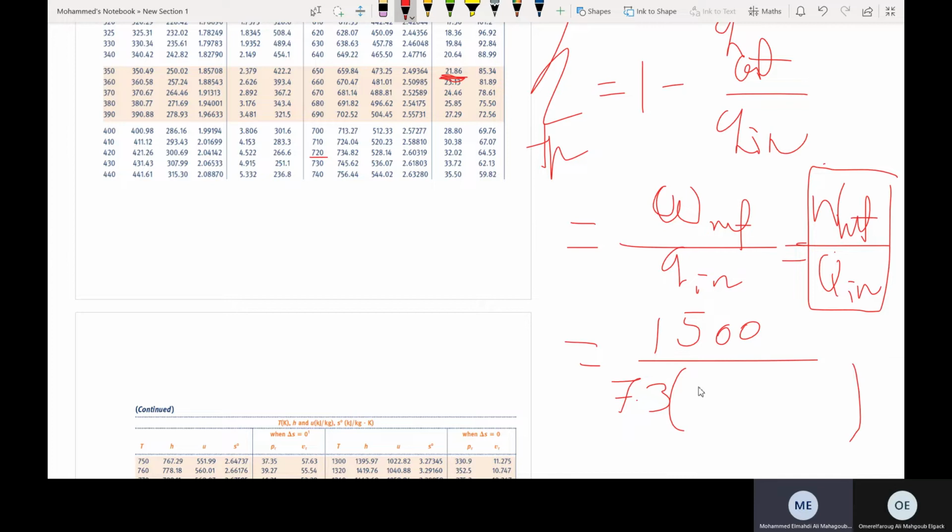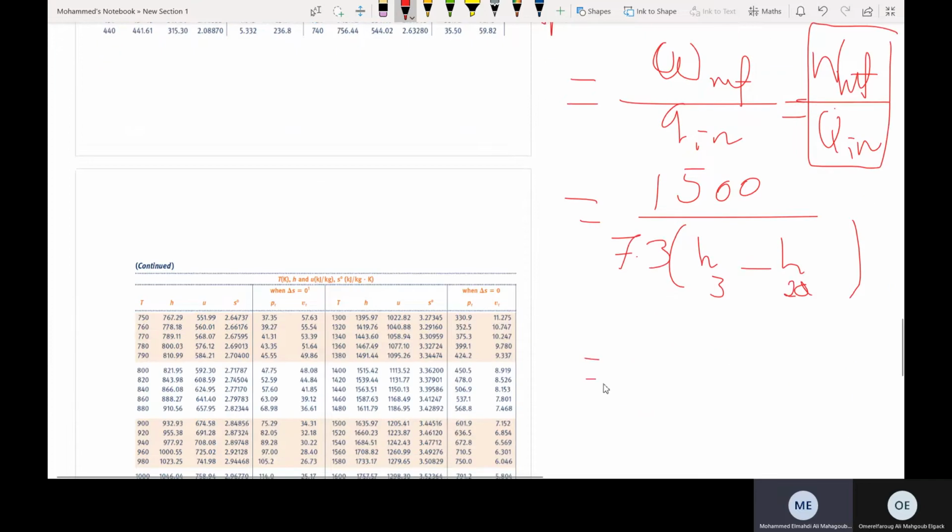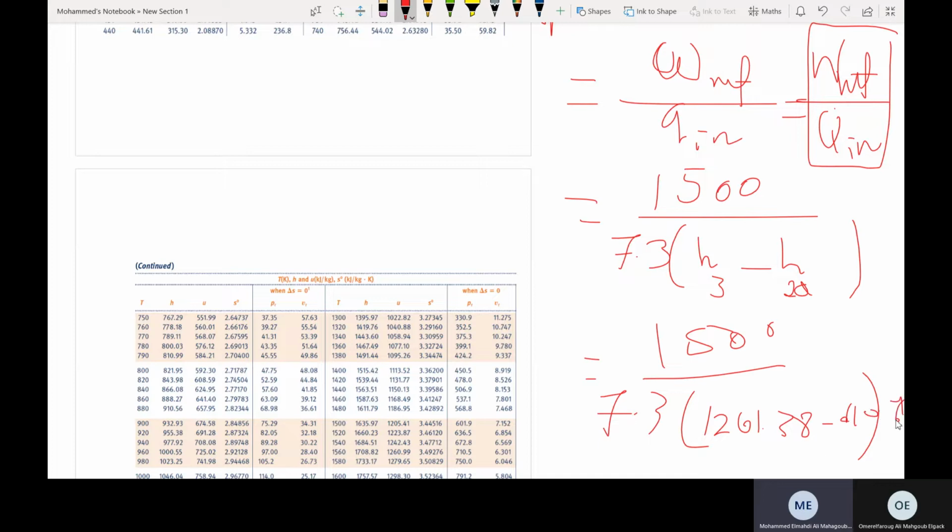And what's Qn? It is H3 minus H2. Okay, which H2? H2 actual, as always. So we are going to get 1 here. Let's substitute the values. H3 was 1,600.38 minus H2, which was 610.96.